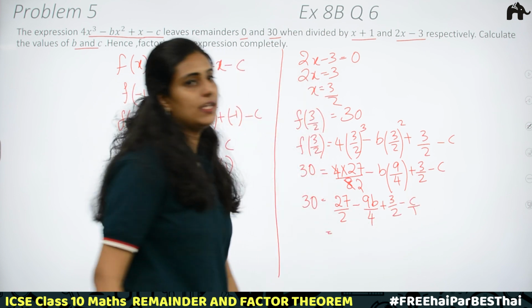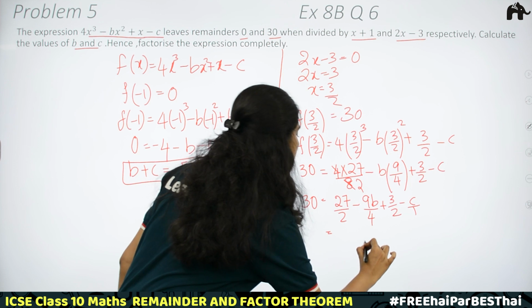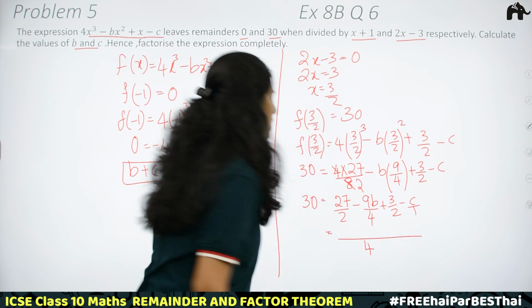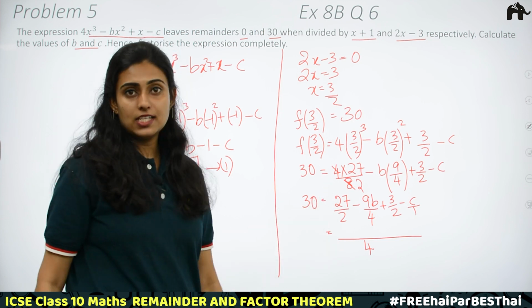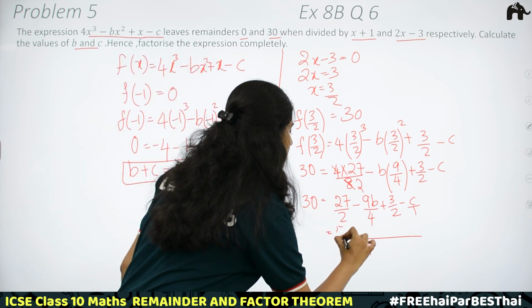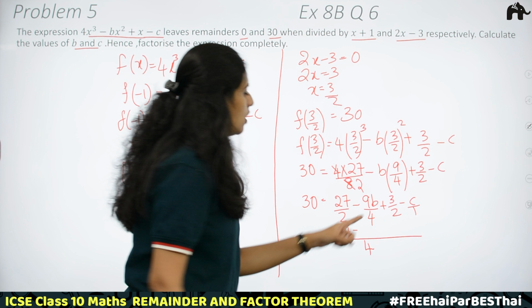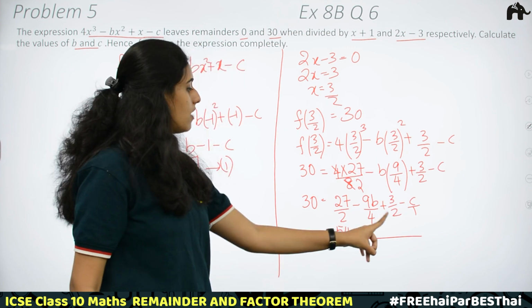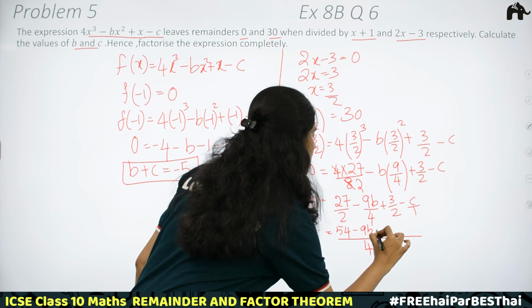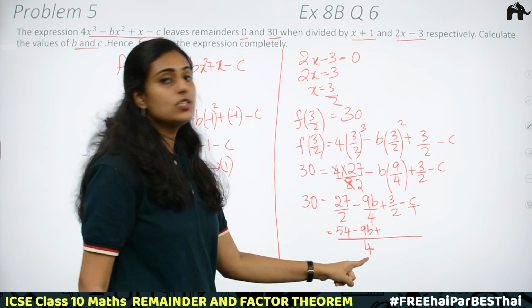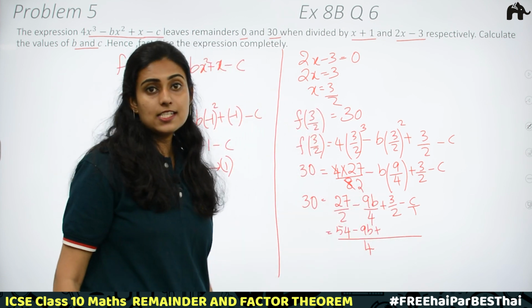The LCM will be equal to 4. Denominator 4. What about numerator? 2 into 2 is 4. 2 into 27, that is 54. 54 minus 4 into 1 is 4. 1 into 9b, we get 9b. Plus 2 into 2 is 4. 2 into 3 is 6.